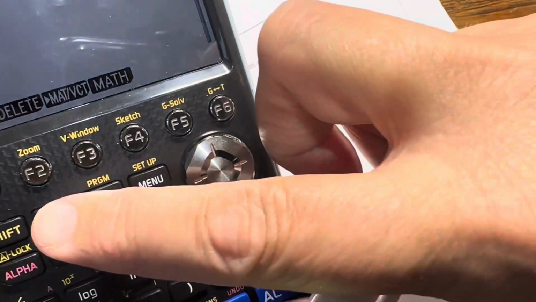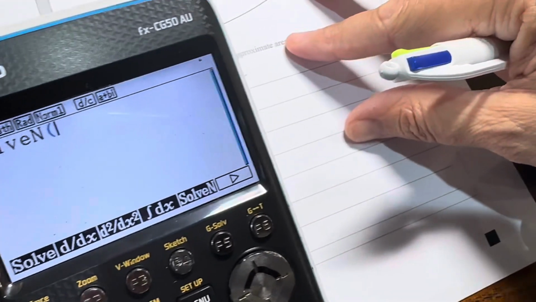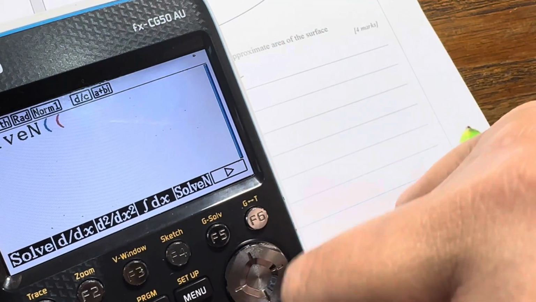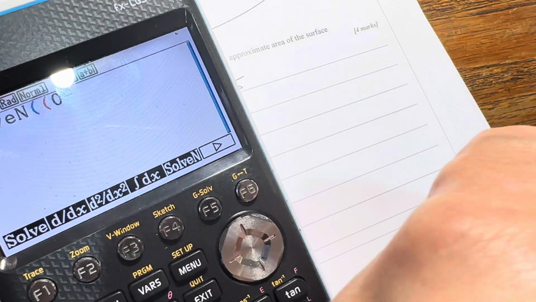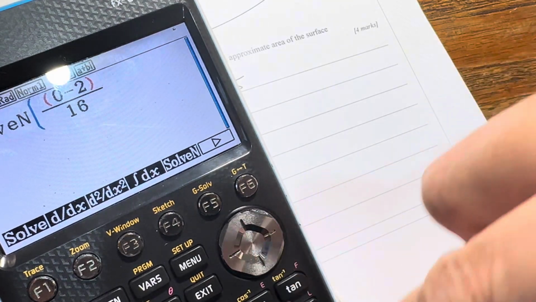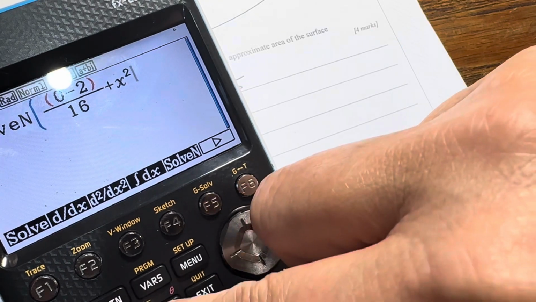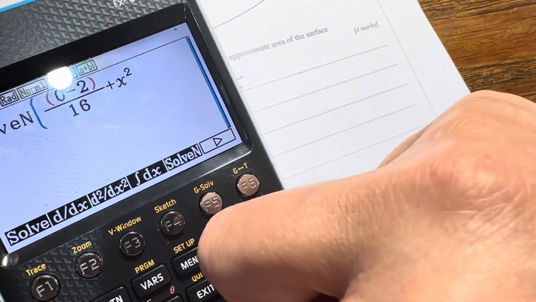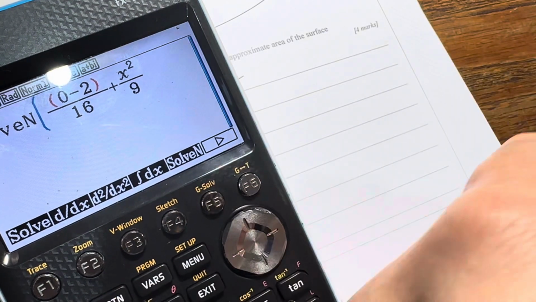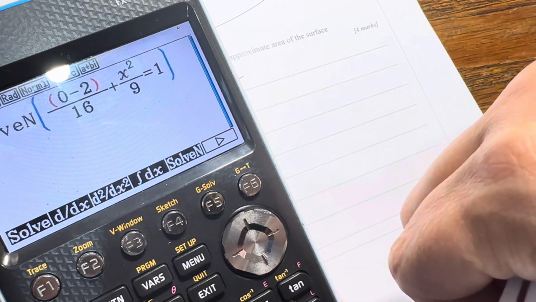There are optional ways of doing it. What I find is the easiest way: I've got my calculator. I'm just going to go to Options, Calculator, Solve. Now, in my Solve, I'm going to have in brackets 0 take 2, close brackets, squared, over 16, plus, I know it's my y, but I'm going to call it x, squared on 9, and that shift equals 1.